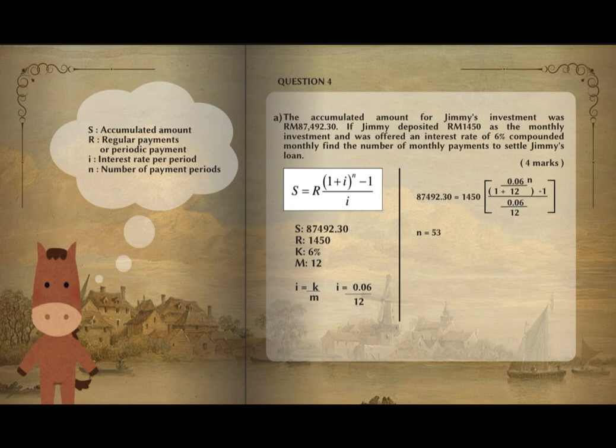K is our percent, which represents the annual interest rate, 6%, and M is 12 because it represents the number of compounding periods. After substituting the values into the formula, 87,492.30 equals 1,450 multiplied by ((1 plus 0.06 per 12) raised to the power of n minus 1) all divided by 0.06 per 12. And we got n equals 53.